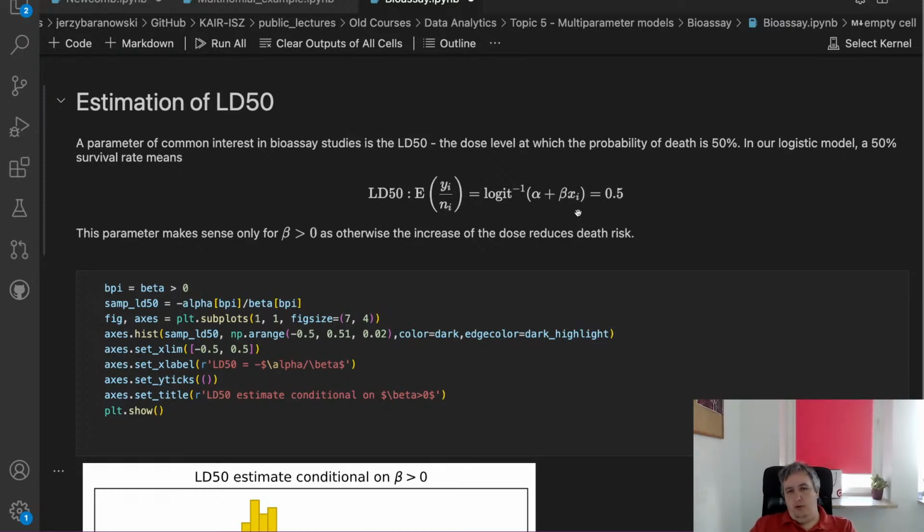We compute those values directly from the logit function. It is actually a very simple situation: the logit function takes a value of 0.5 at 0, so we just need to compute when x is 0. Solving this equation gives minus alpha divided by beta, assuming that beta is positive.